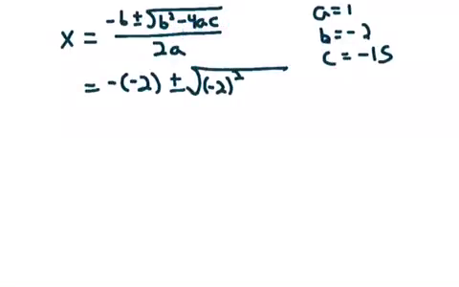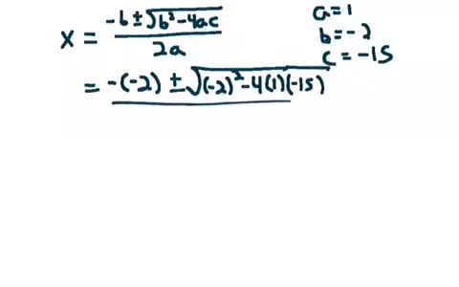So we've got minus 4 times a, and a is 1. You can see I plugged in my 1 for the a, and now I plug in c, and I get c is negative 15, and we just square root all of that, all over 2 times a.